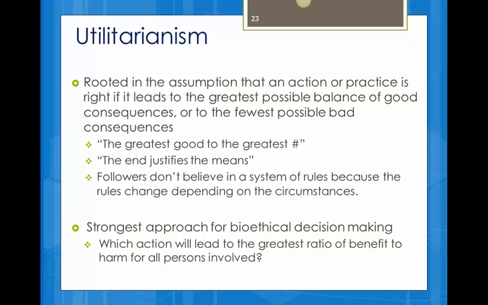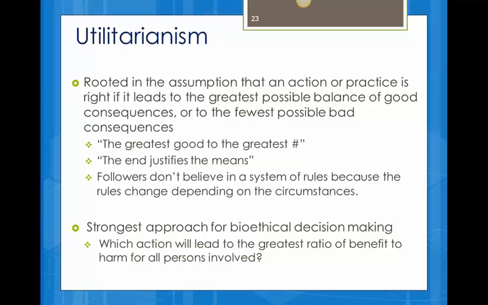So the framework looks at the good of the general population by assessing all alternative actions that influence the overall welfare of the present or future population. So it's also concerned with the individual, as that person is part of the population, but more or less it's concerned with the greater good of the greatest, so the greatest good to the greatest number of people. And the end result does justify the reason why we chose to make the decision that we did. Okay?